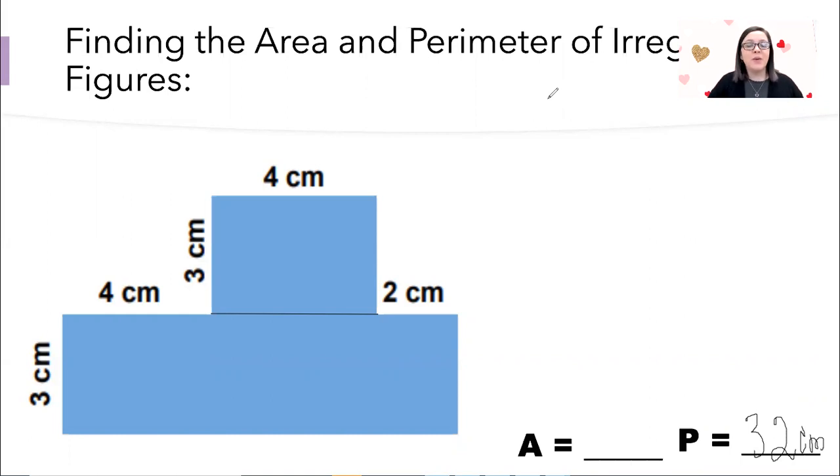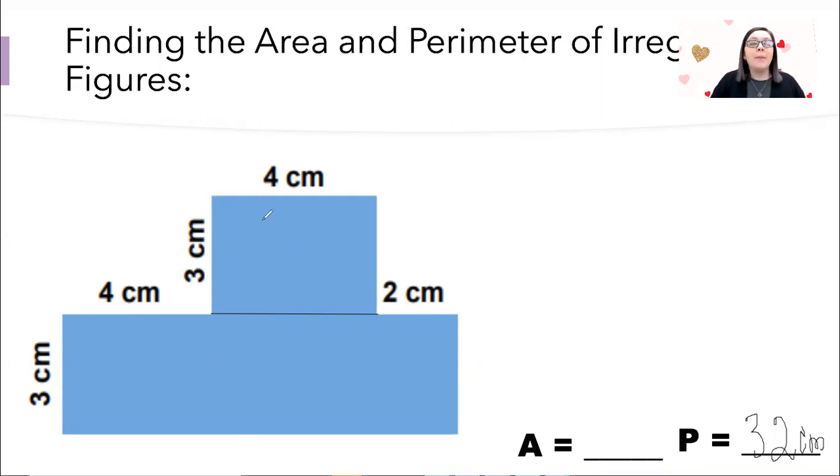Well, that's going to be a little different when we're looking at an irregular shape. So I drew this line back right here so that you can see I have split this shape into 2 shapes. Because with area, we've got to multiply length times width, I can only have 1 length and 1 width that I multiply. If I look at all of these measurements here, I've got a lot more measurements than that.